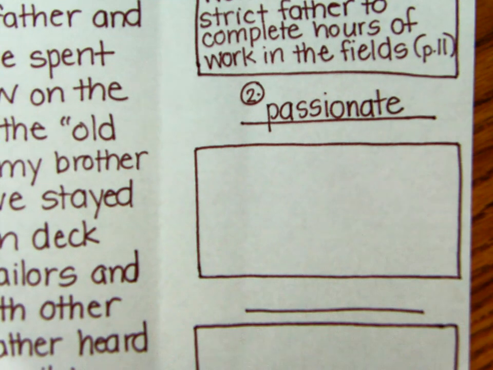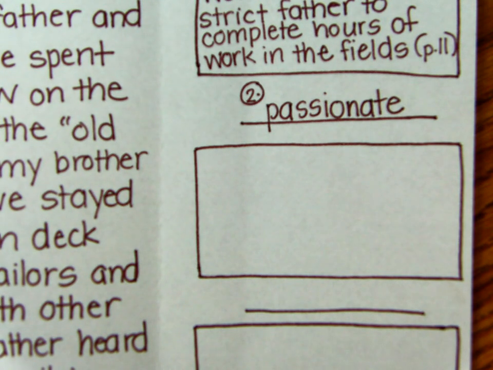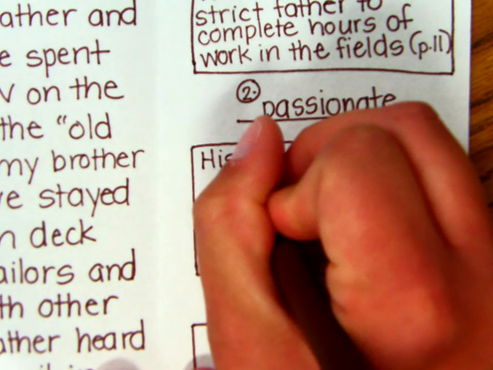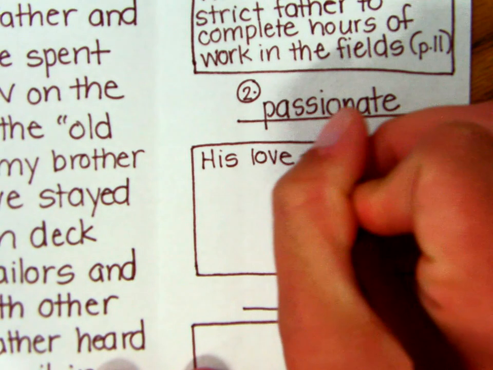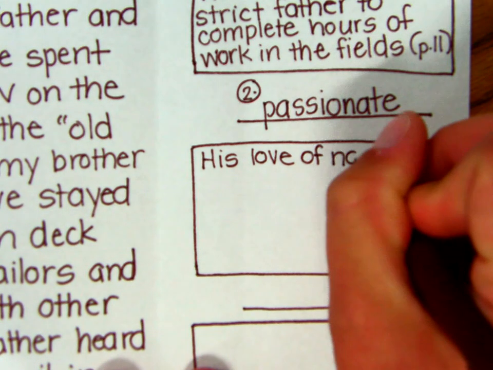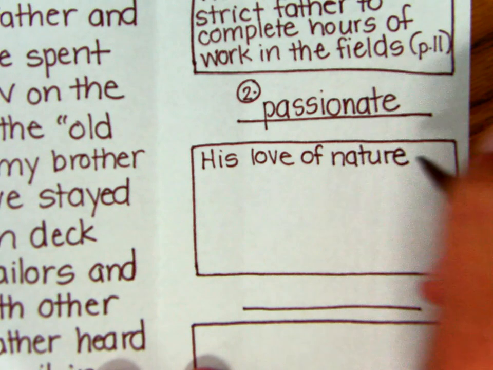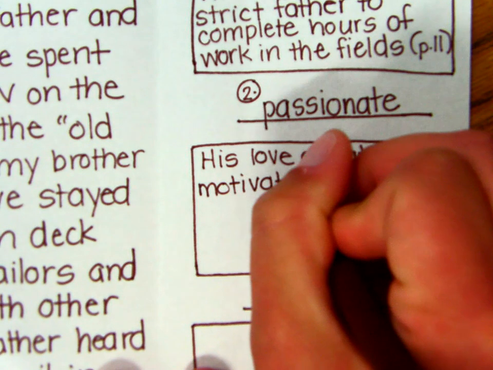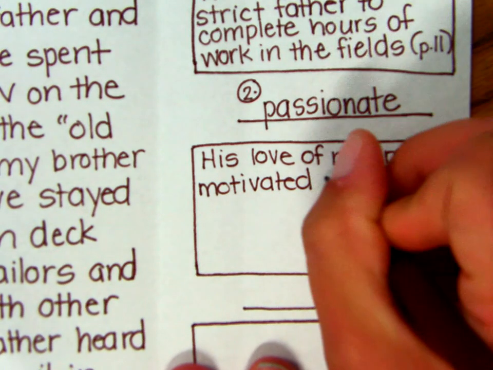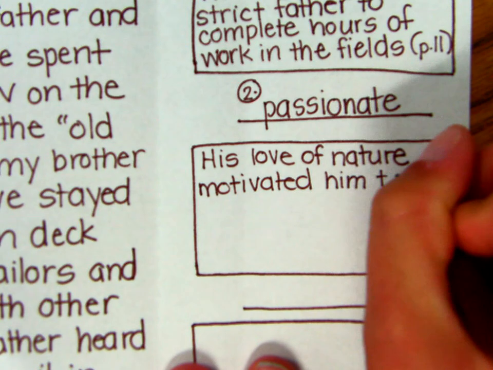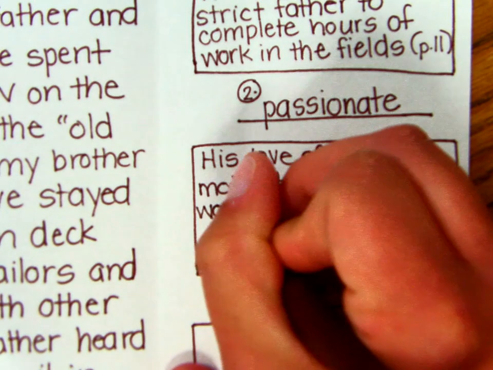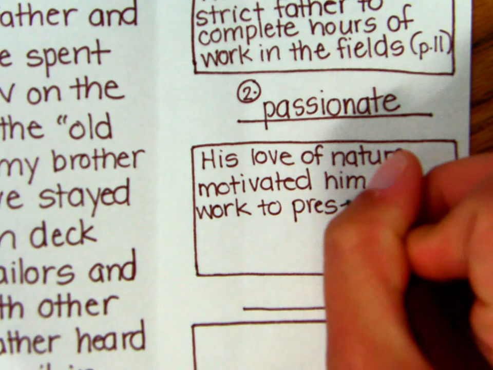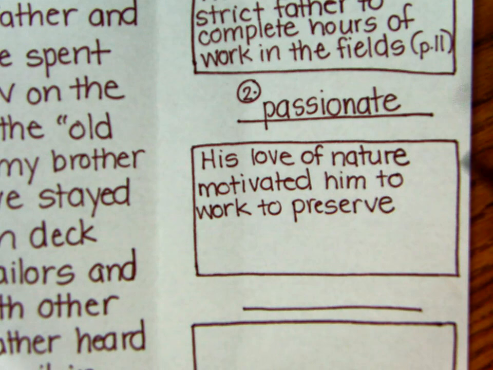So now, why was John Muir very passionate? Well, it said in the text, his love of nature motivated him to work to preserve beautiful places.